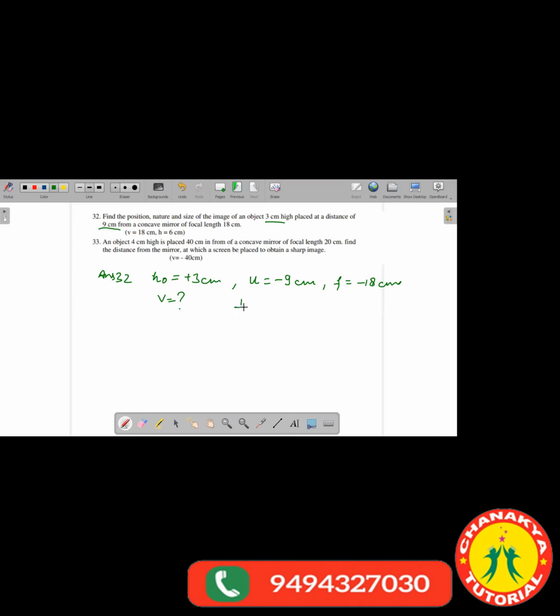So it should be 1 by F equals 1 by V plus 1 by U. This is the mirror formula. And now put the values. We need to put the values at the correct places only.